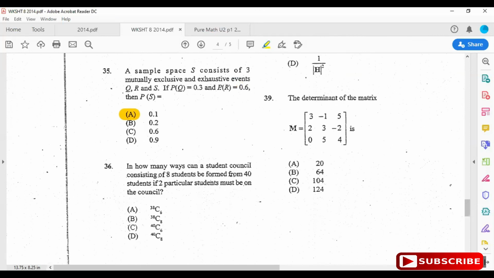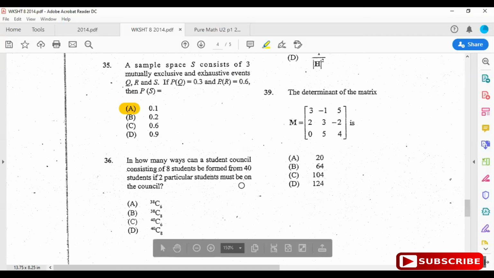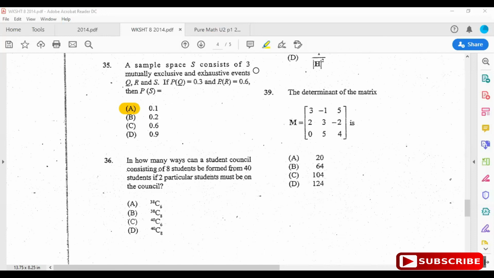All right. Now question 36 says, in how many ways can a student council consisting of 8 students be formed from 40 students if 2 students must be on the council? So 2 are already chosen. Let's say Rajay is chosen and Ashley is chosen, and I need to choose 6 more persons in order for it to be 8.